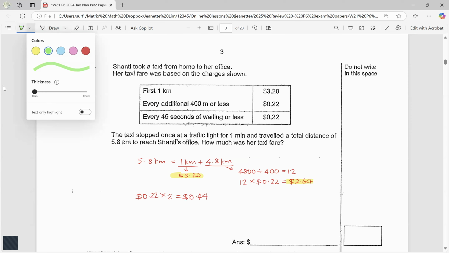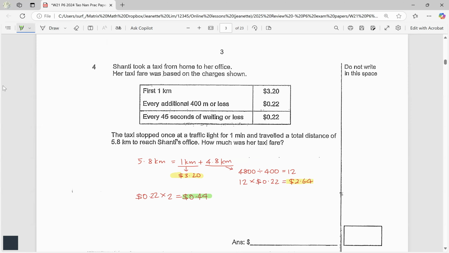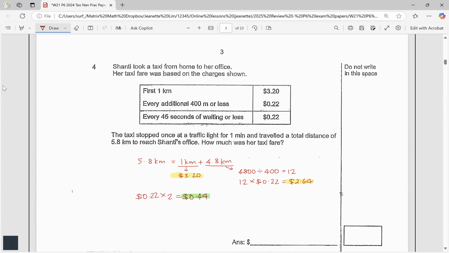I'm going to add this 44 cents as well. All those that are highlighted will give us the total cost she has to pay: 320, 264, and 44 cents. The total will be $6.28.